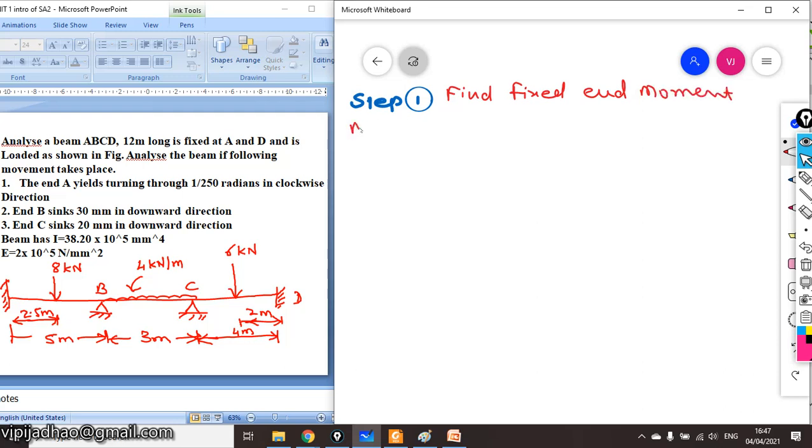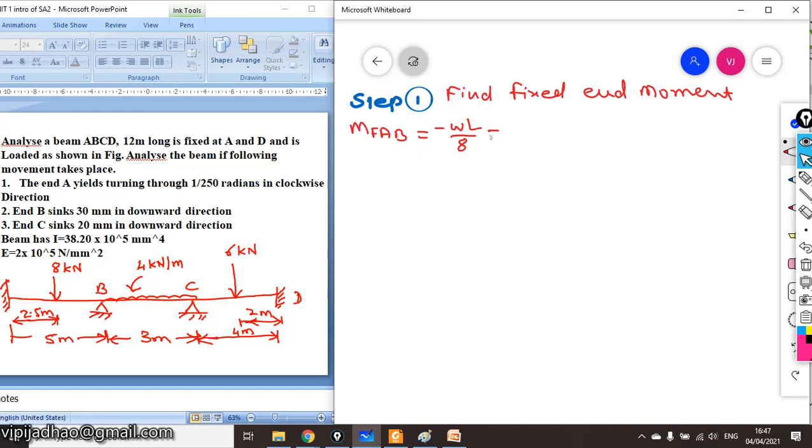We have MFAB, the fixed end moment, equal to minus WL upon 8.